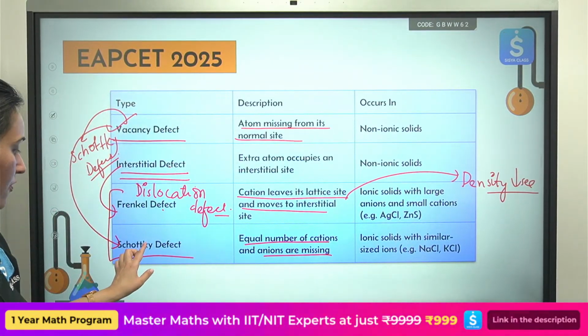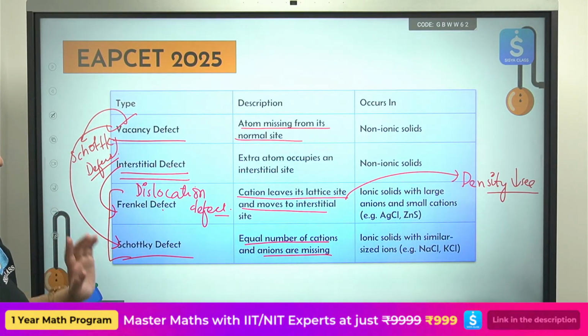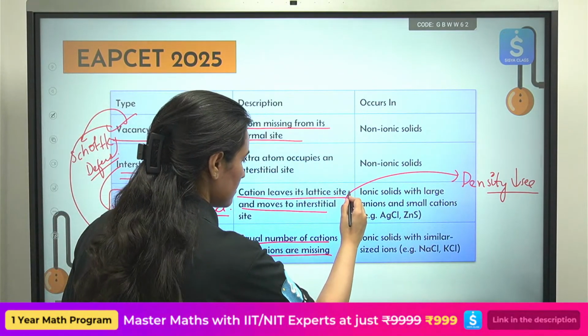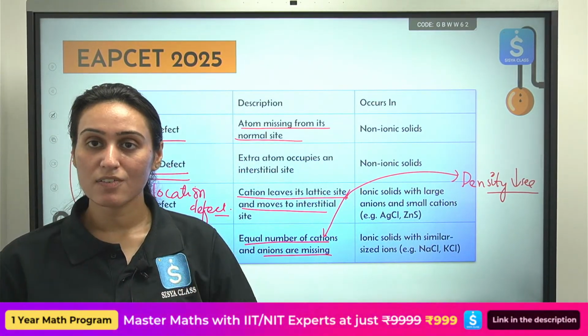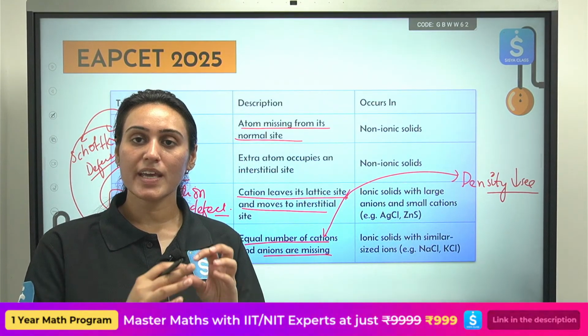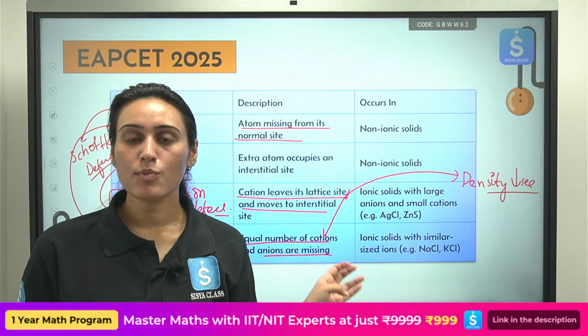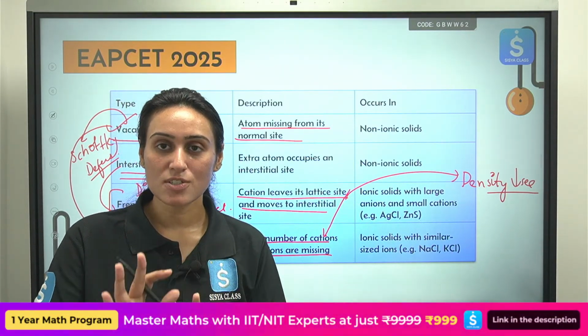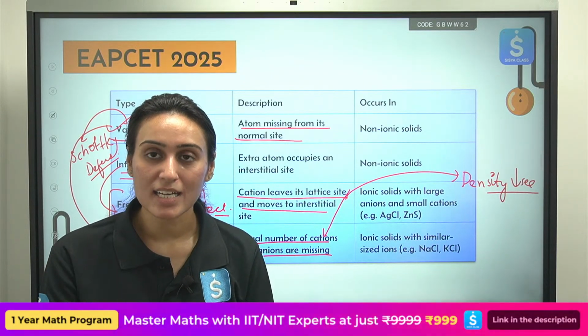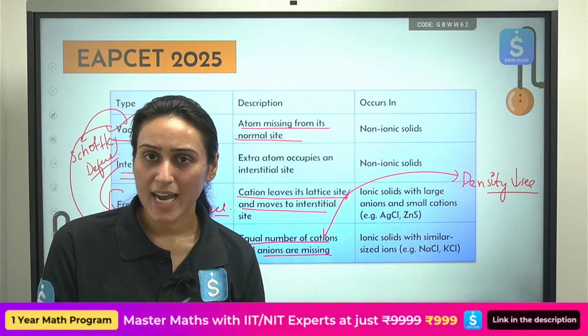What happens in case of Frenkel defect? In case of Frenkel defect or dislocation defect, ions will leave their original site and will move to a new site. Are they leaving the solid? No. They're just occupying a different site within the solid. So will that change your density?